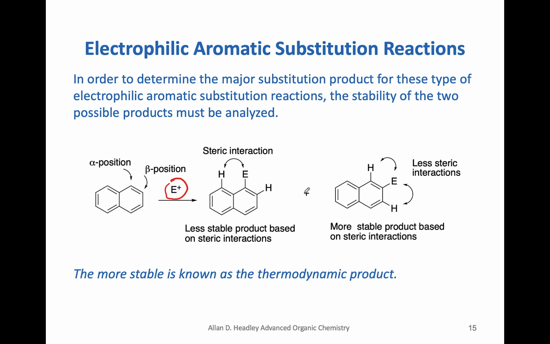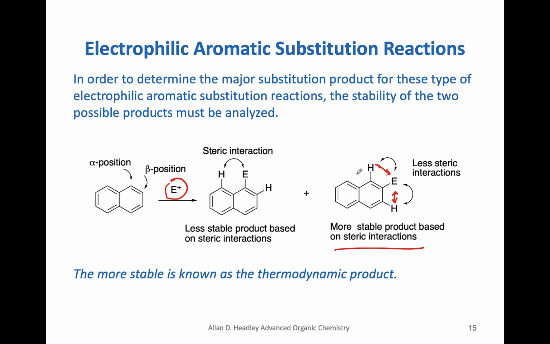However, one is more stable than the other, and this is more stable in the beta position because there is less steric interaction between these groups here, the electrophile and the hydrogen. As we have defined, one definition of stability is getting groups furthest from each other.